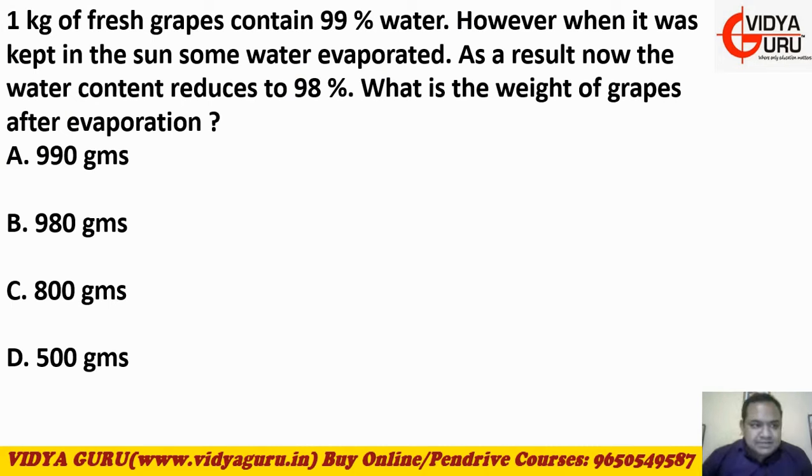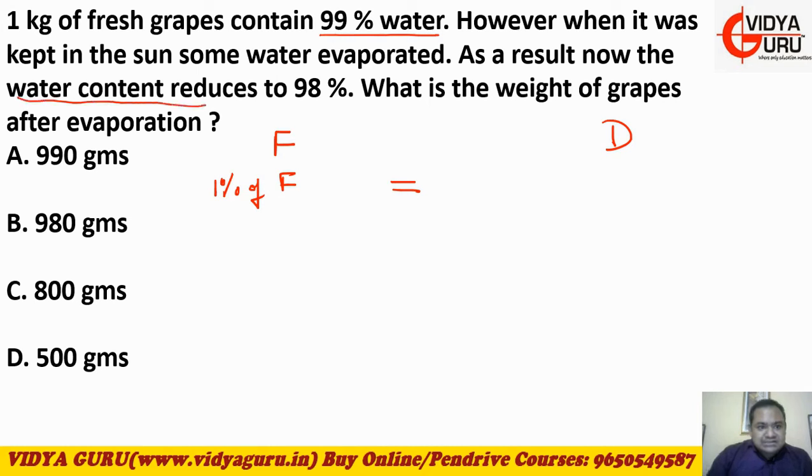So let's see. Fresh and dried. In fresh, 99% is water. So 100 minus 99 is 1%. So 1% of fresh is pulp. Pulp does not change, so I write equal to. In dried, the water content is 98%.